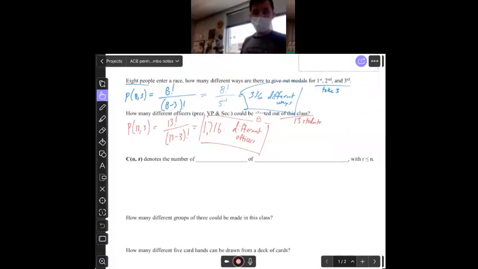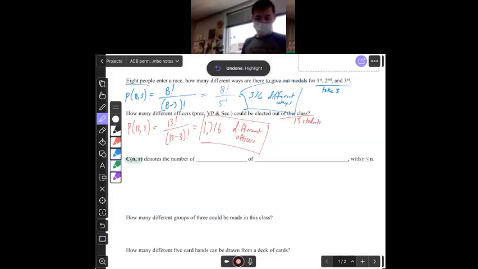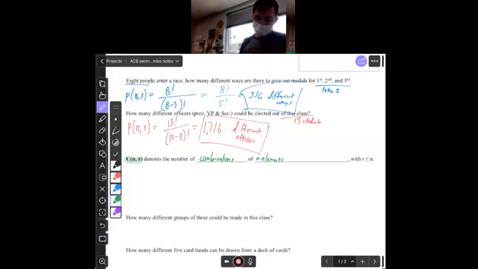All right, so very similar notation, right? So we have combination notation. So this would just denote the number of combinations of n elements taken r at a time.